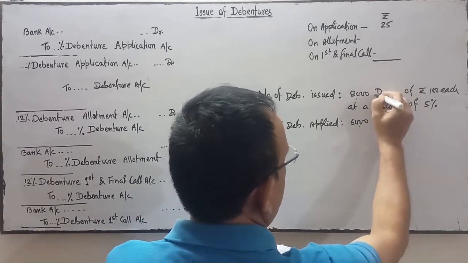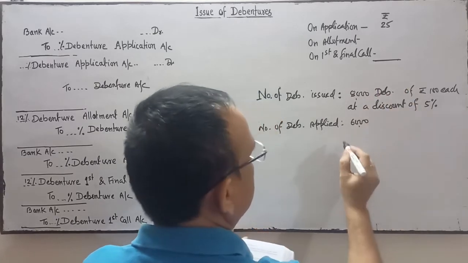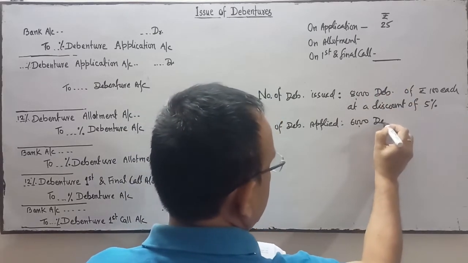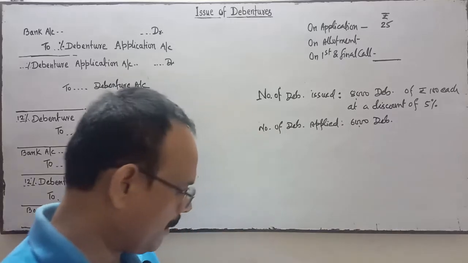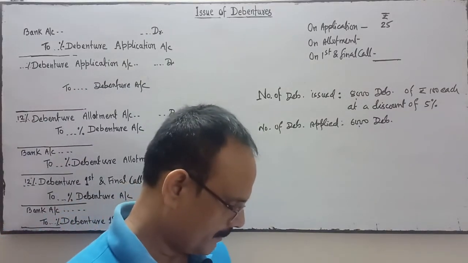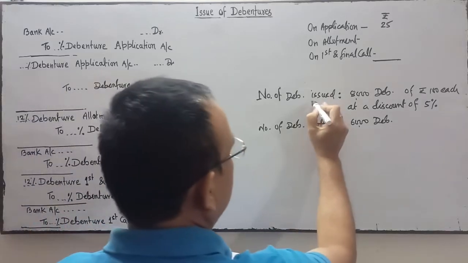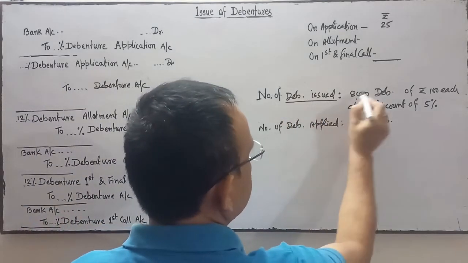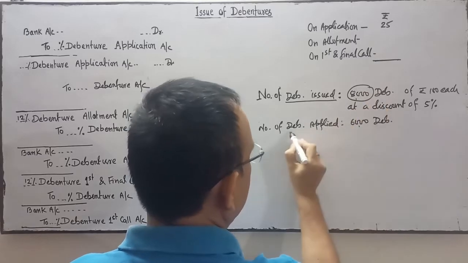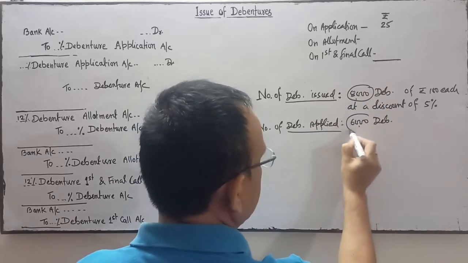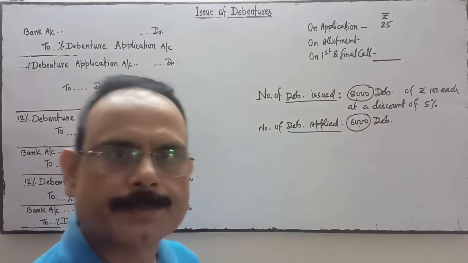So when 6,000 debentures are applied, the number issued is 8,000 and applied by the public is 6,000. It means it's a case of under subscription.